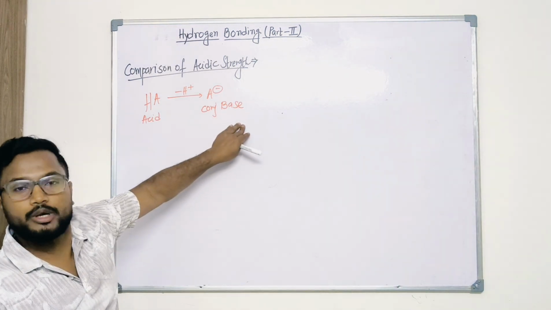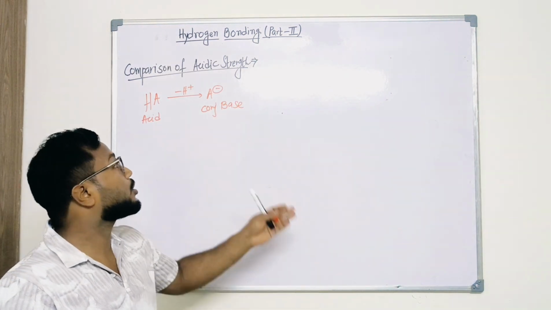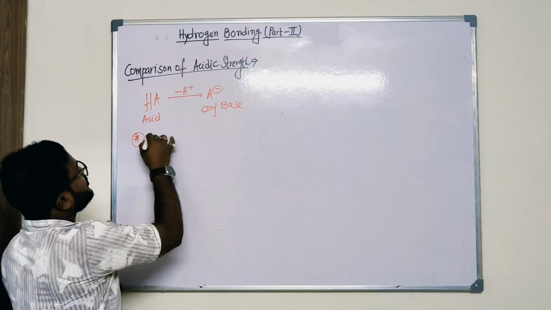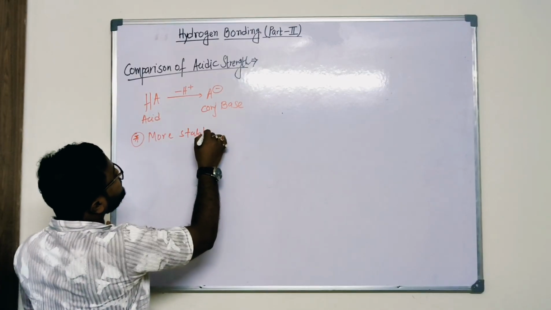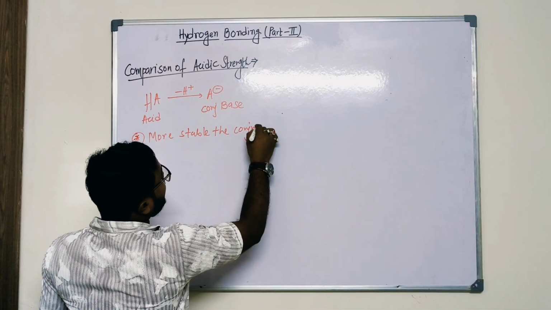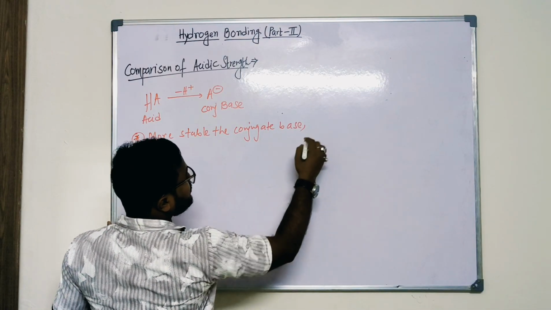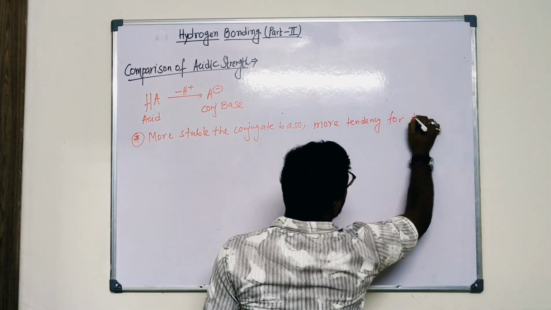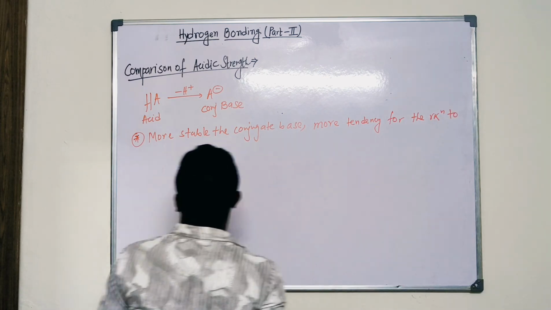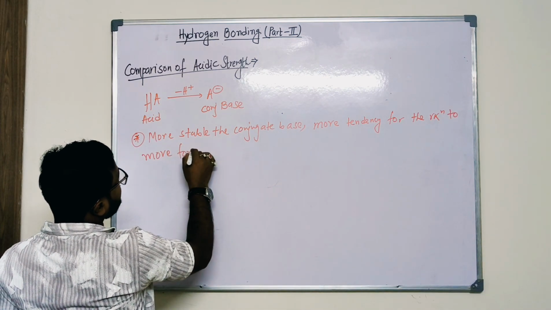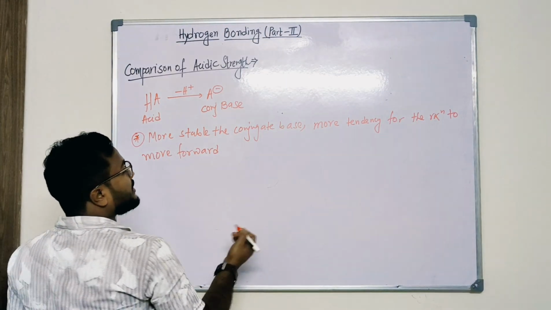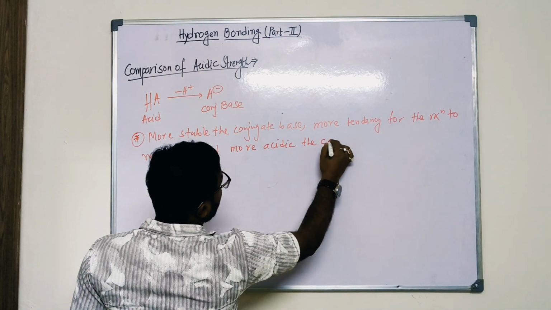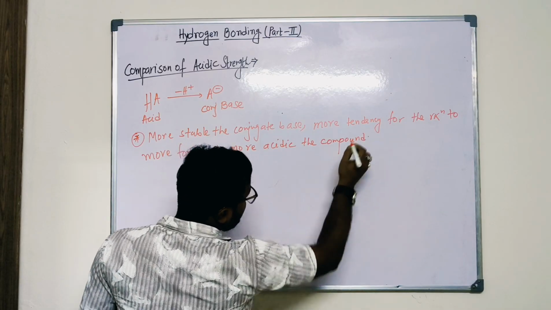The more stable the conjugate base, the more tendency for the reaction to move forward, and as a result the acid will be stronger. So we are going to follow this logic to decide acidity.